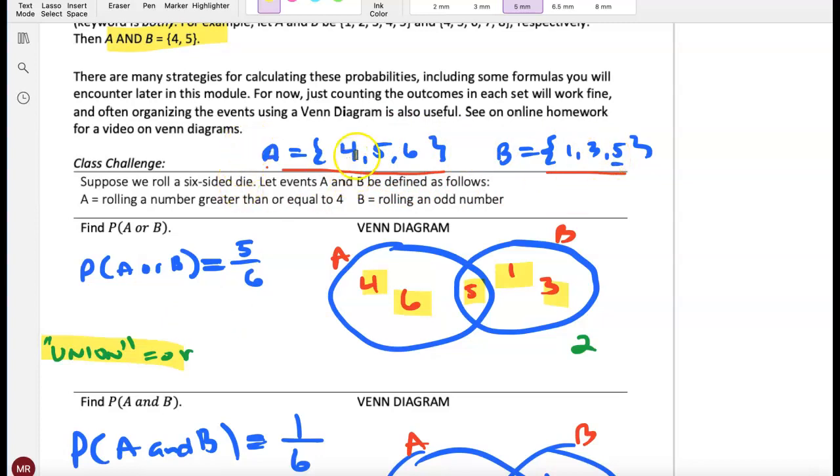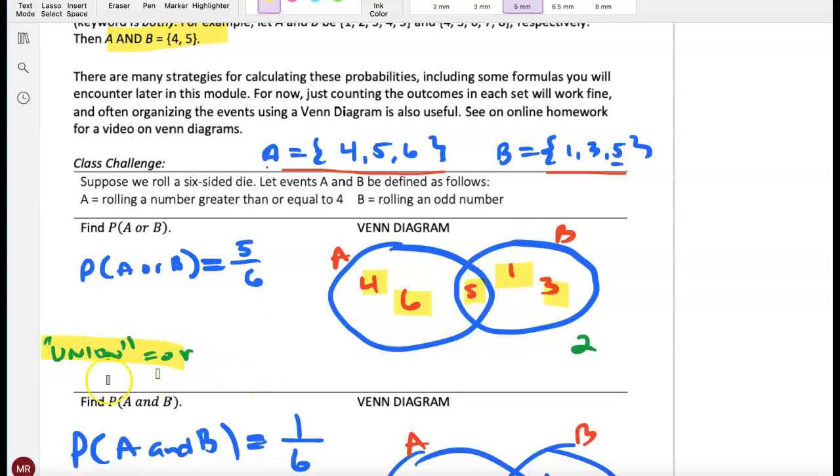A has 3 outcomes, B has 3 outcomes, but 5 is in both A and B. So how many different outcomes are there in total? That's 5. So the probability of A or B happening, meaning you get an outcome in A or B, is 5 out of 6. And we use Venn diagrams to draw a picture of it, and you can see there's an overlap and there's 5 total. 2 is the number that's not part of any of those sample spaces.